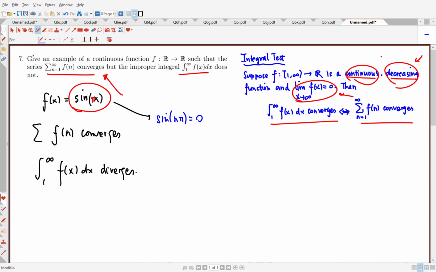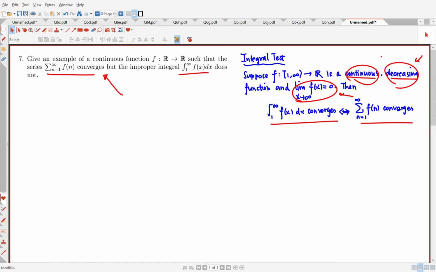Let's write this properly. Let f(x) be sine of x pi.